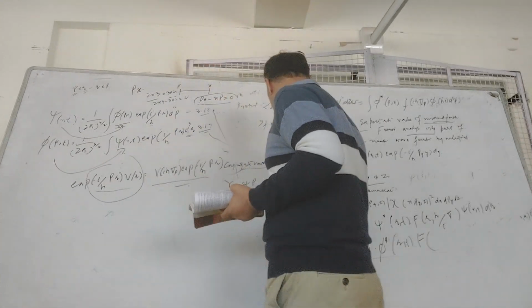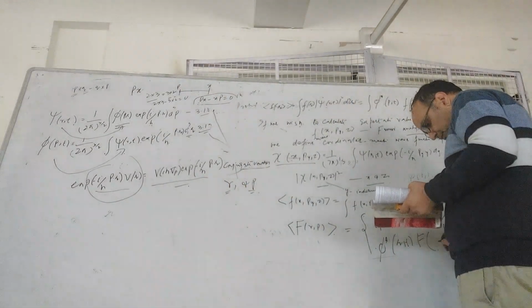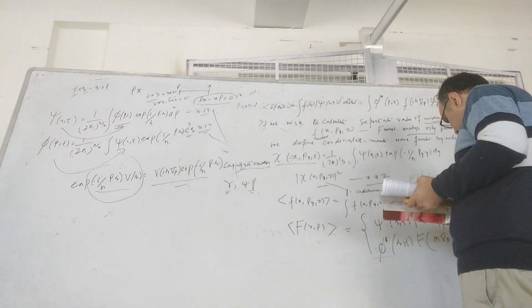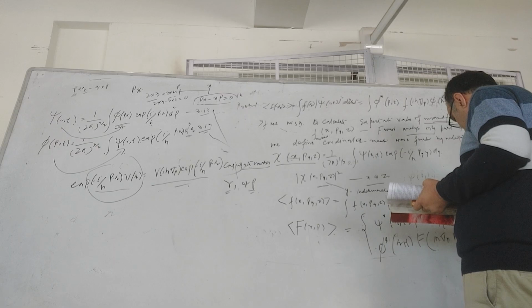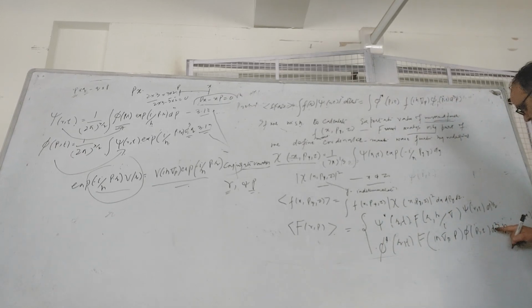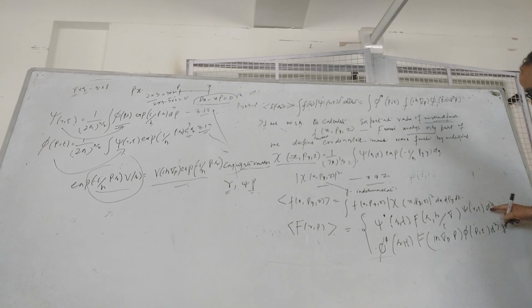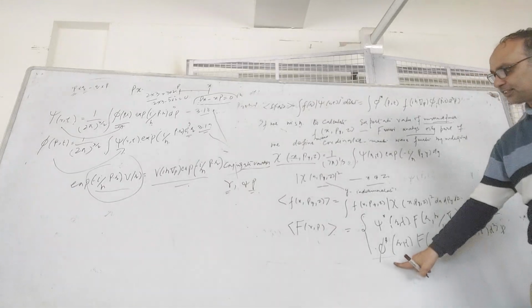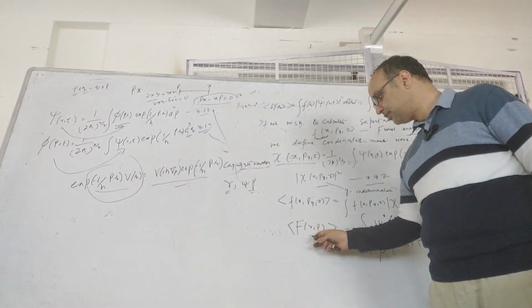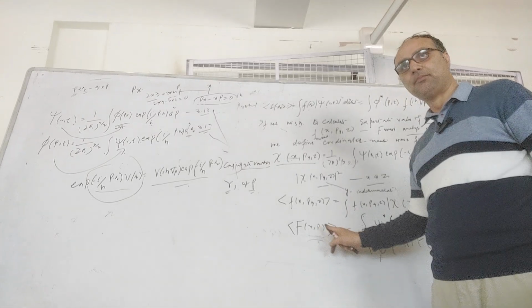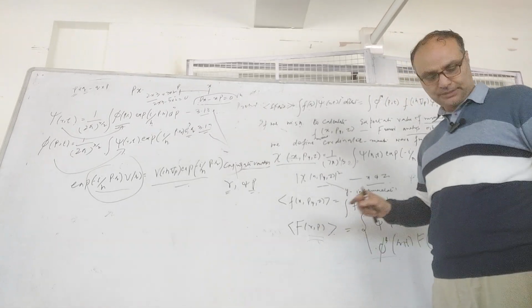We wrote exponential in terms of this. So this is d3p, this is momentum space, this is position space. This is psi star, this is phi star. So these are the expectation value of R and P.